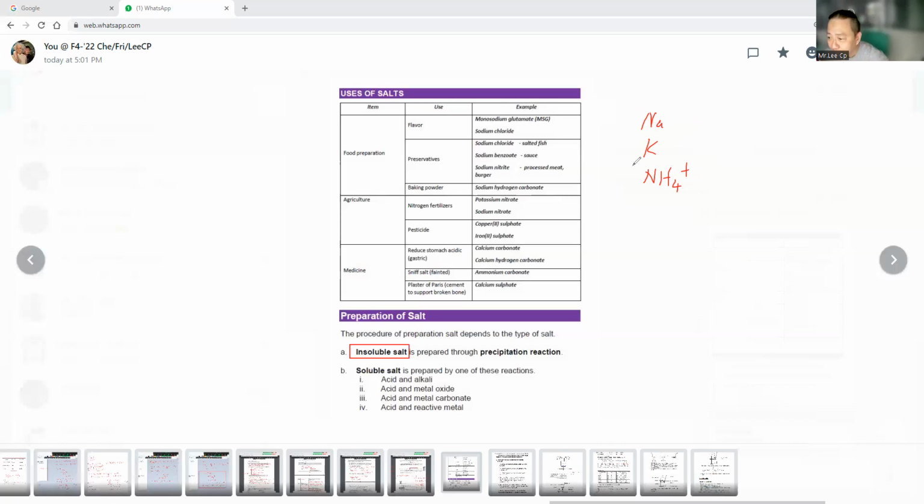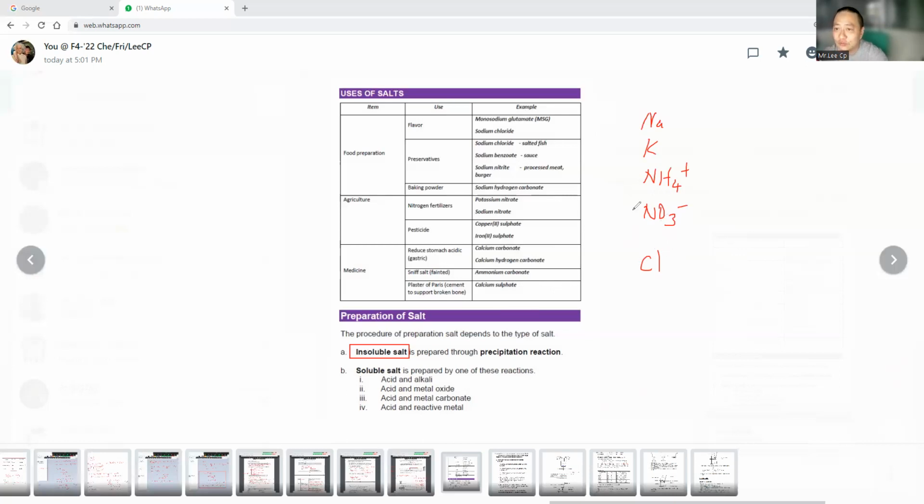Then NO3 minus, nitrate, is soluble. Cl minus all soluble, except 3.